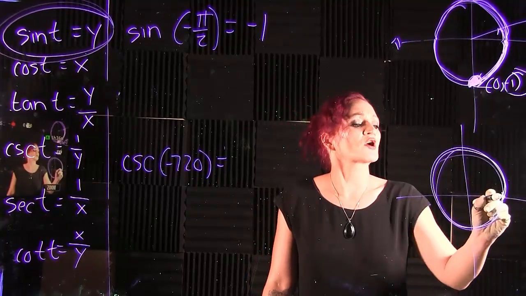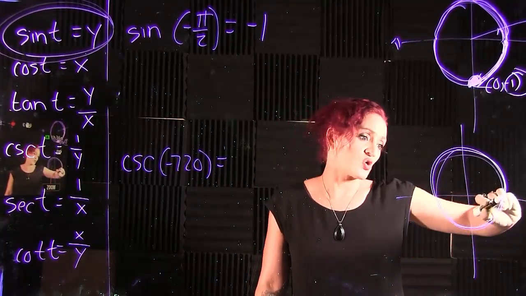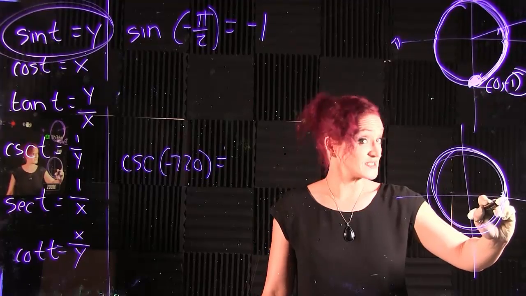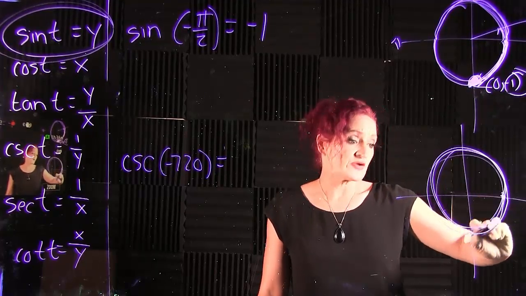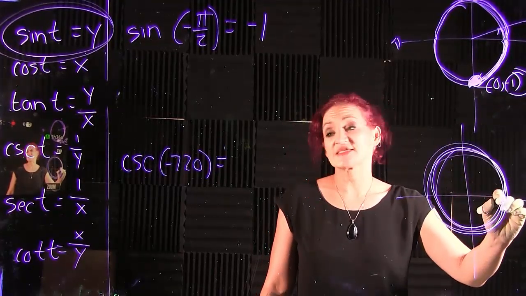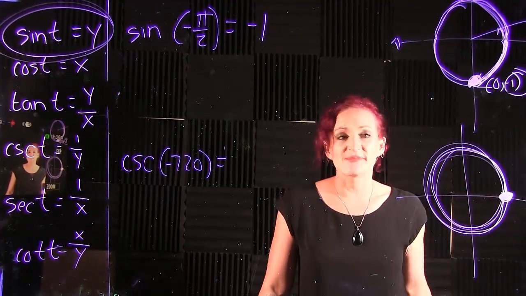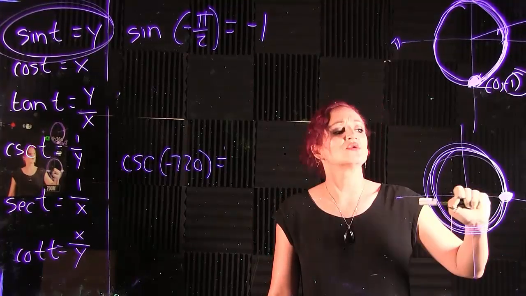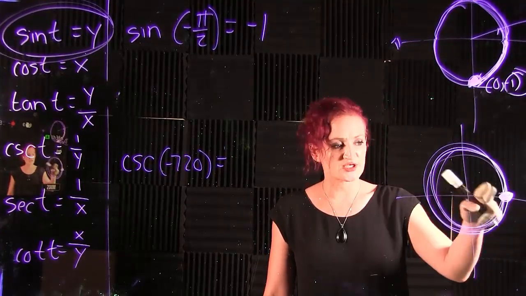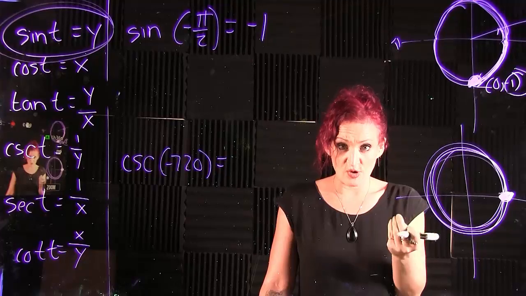We start at 0 and make a full loop, which is negative 360. Another full loop is negative 720, which ends up being the same as 0. 0, 360, 720, and so on are all co-terminal points.